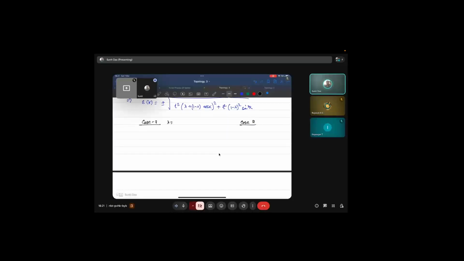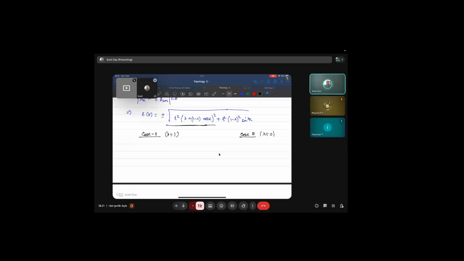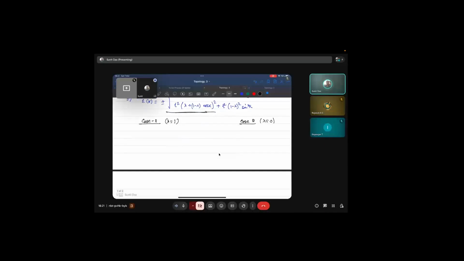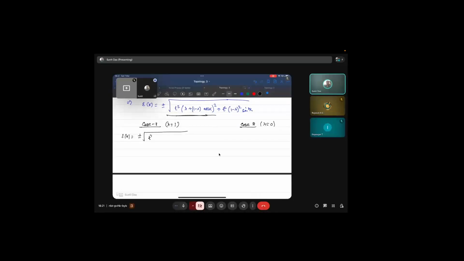For case 1, actually lambda equal to 1, and for case 2 we had lambda equal to 0. So if we put lambda equal to 1 here, epsilon k will be plus minus root over t square cos square k, plus this part totally vanishes, right?